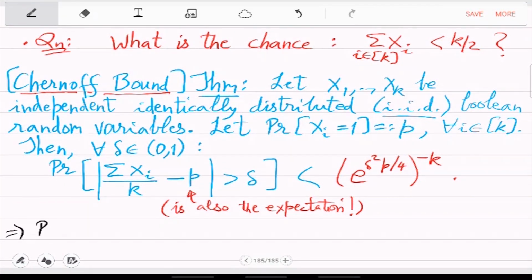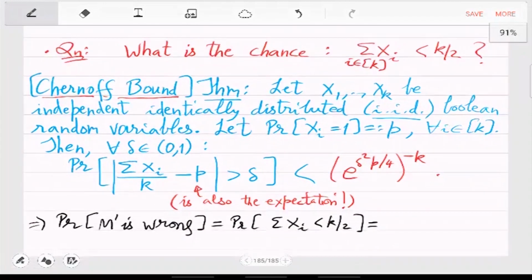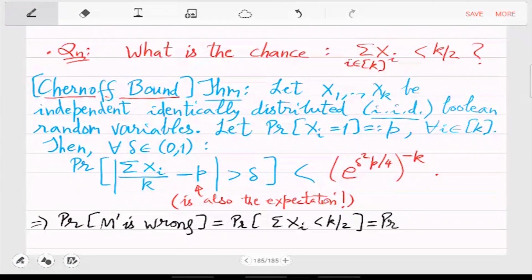So this means that the probability that M prime is wrong, which is the same as the probability that sigma xi is less than k by 2, which is the same as the probability that p minus sigma xi by k is greater than p minus half.